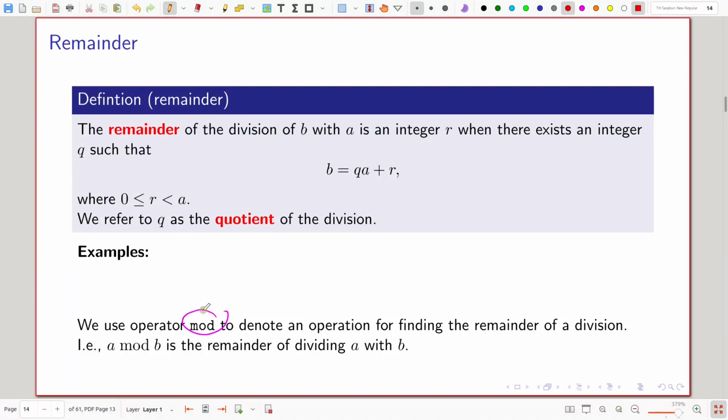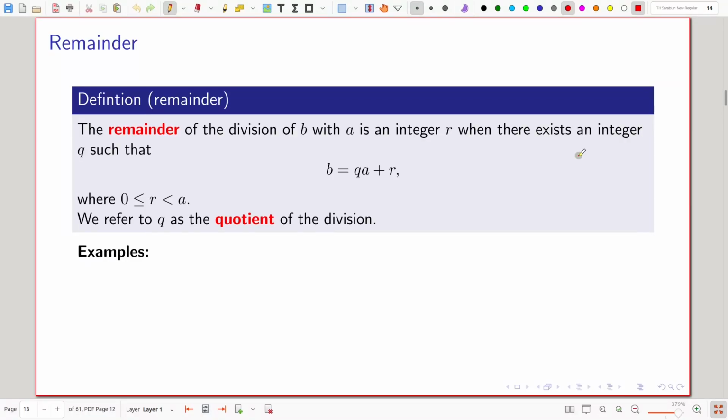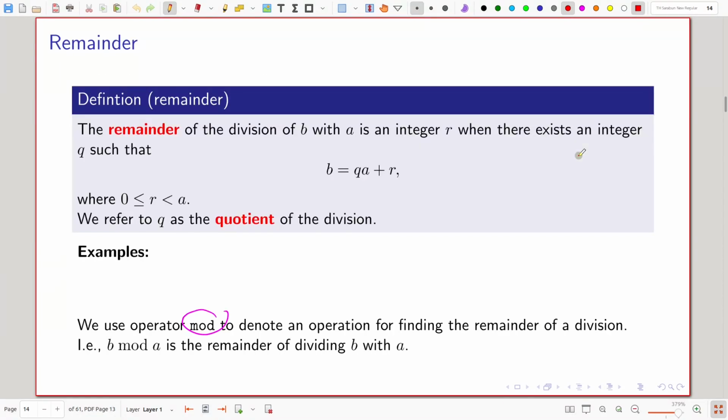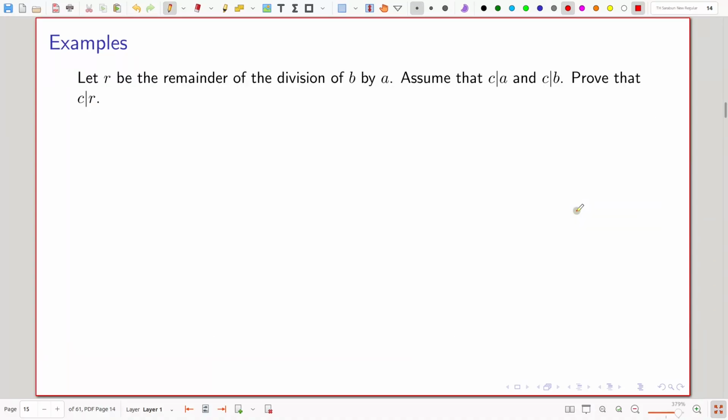I shouldn't write a mod b because you get confused with something at the top. So b mod a is the remainder of dividing b by a. So this r will be equal to b mod a.